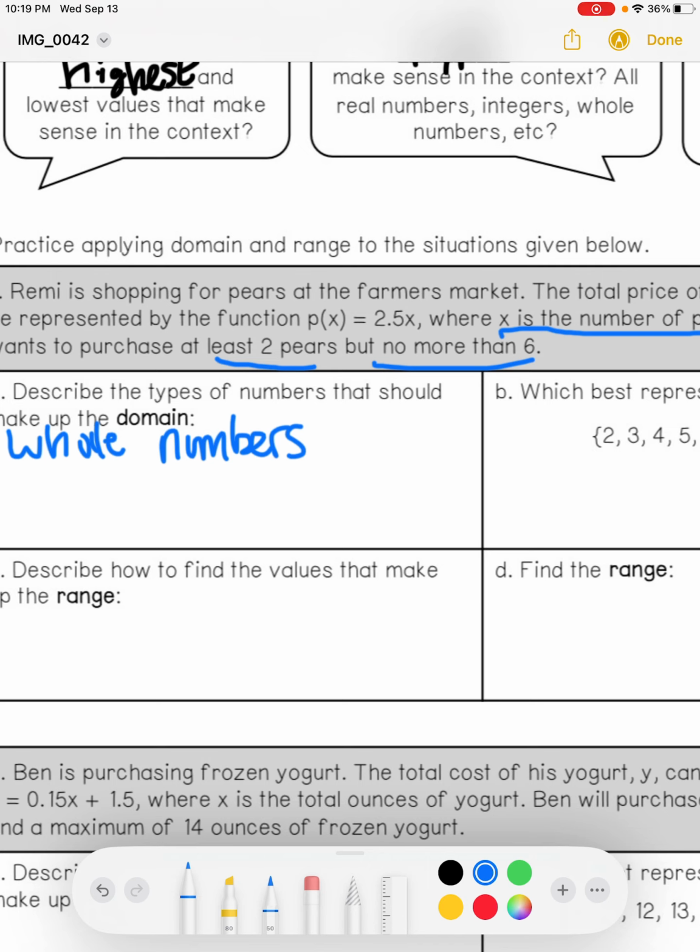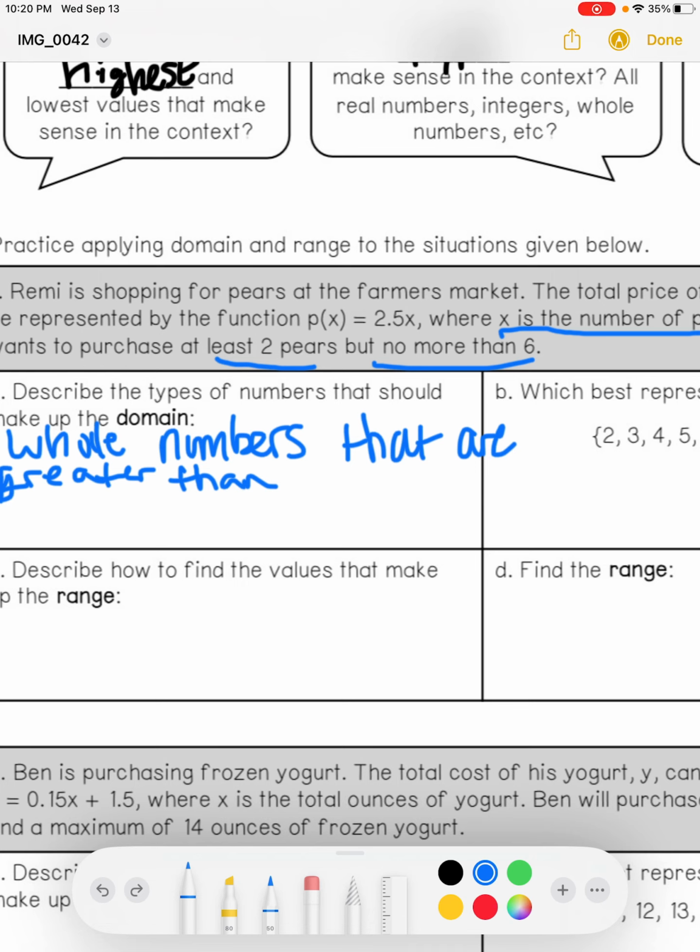But then we want to get specific, because Remy told us that she wants to purchase at least 2 pairs, but no more than 6. So I want whole numbers that are greater than 2, or sorry, can I have 2, right?